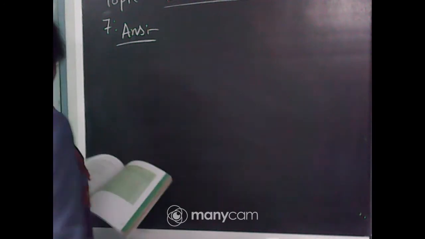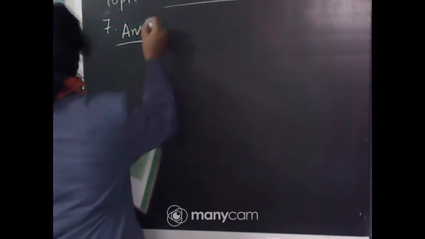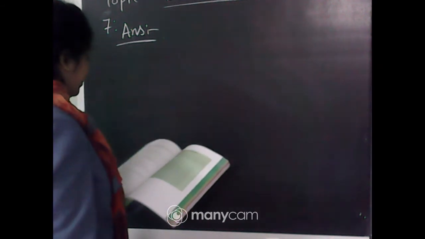The question is: if a plant has leaves with reticulate venation, then what kind of roots will it have?